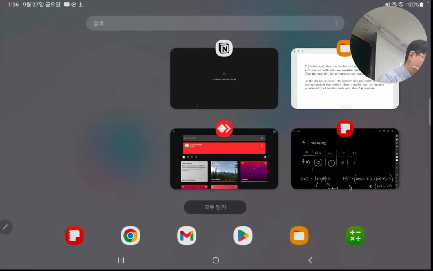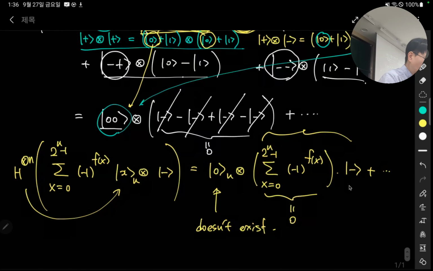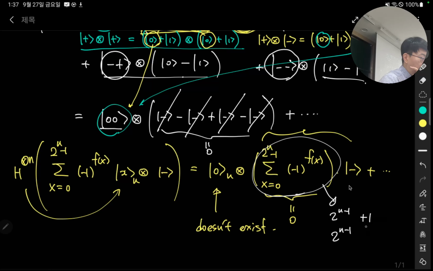Okay, so I should go back to here. So what I mean by the cardinality is the number of minus and plus in the sum. So how many 1 in this sum if f is balanced? Two to the n minus 1. And how many minus 1 in this sum? So there are total 2 to the n terms in this sum.